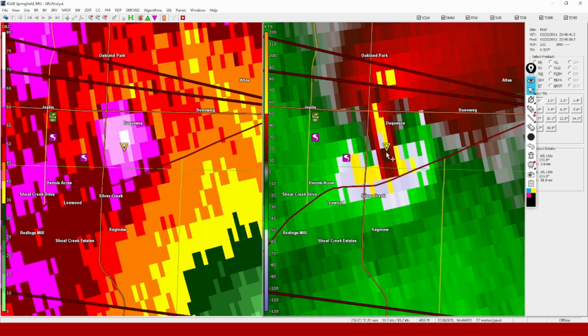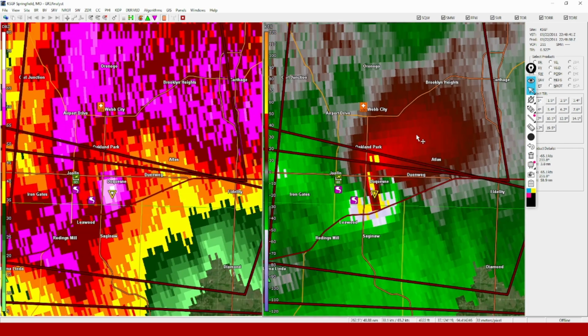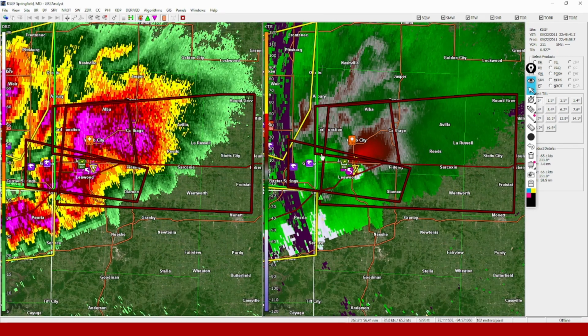The thresholds are not that big of a deal, so they don't really tell you much. And another thing about these lighter colors: the lighter the color, the higher the velocity.